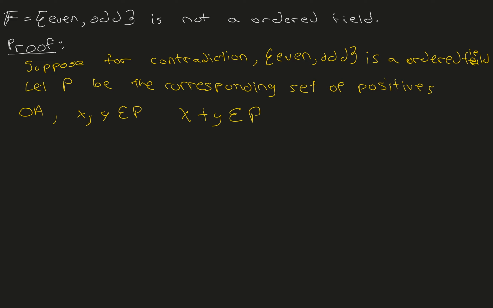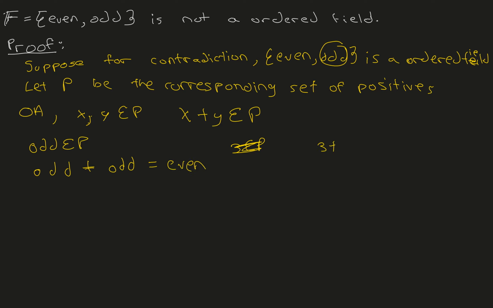So let's see about the ordered field. Let's focus on the element odd in this even odd field. Odd is in P. For example, 3 is an odd number, so 3 is in P. Odd is in P, but odd plus odd is equal to even.